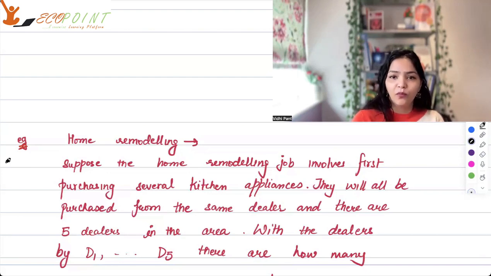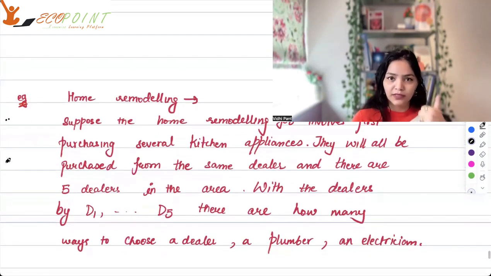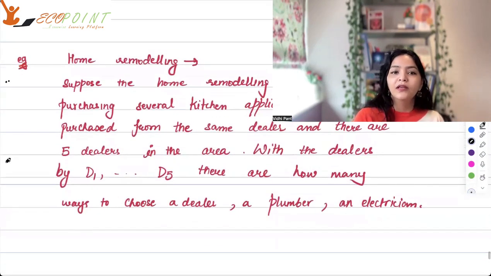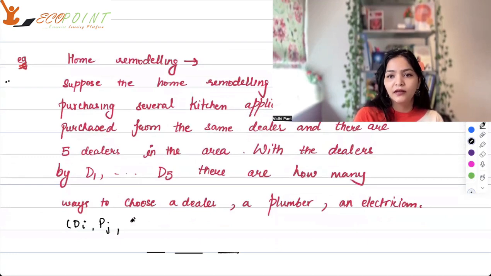So now, with the dealers D1, D2 till D5, there are how many ways to choose a dealer, a plumber, and an electrician for your remodeling work. All we will be doing is we'll be just this time having a 3-tuple DI, PJ, electrician, say ER.